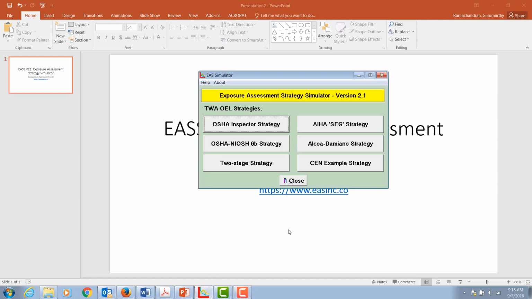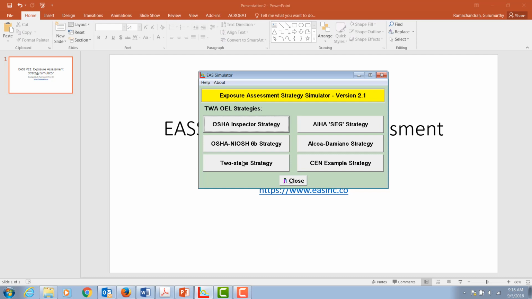So when you open the software, you will see this tile of options. There are 6 different strategies that you can simulate and study its performance.